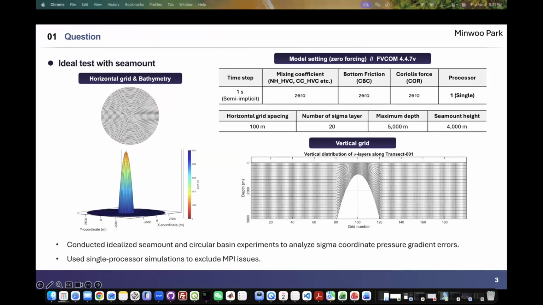Do you have a forcing for your case? No, I don't input any forcing. I only input the temperature and salinity vertical gradient.